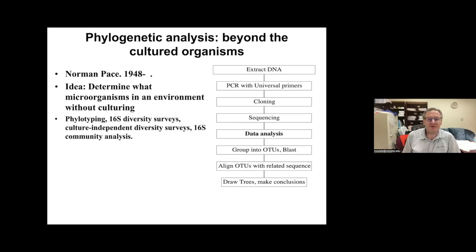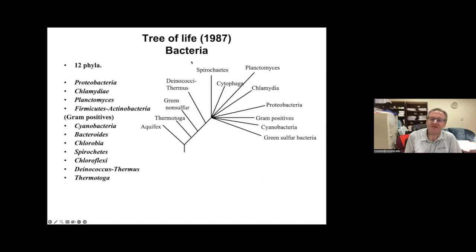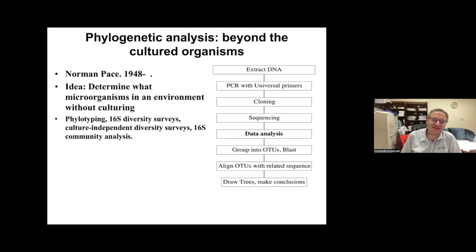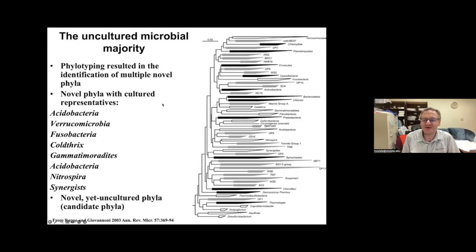So if you remember, in 1987, we thought that the whole bacterial domain could be encompassed in 12 different phyla. But after scientists worked a lot and applied this culture-independent analysis in many different environments, by 2006 we have a much bigger tree.